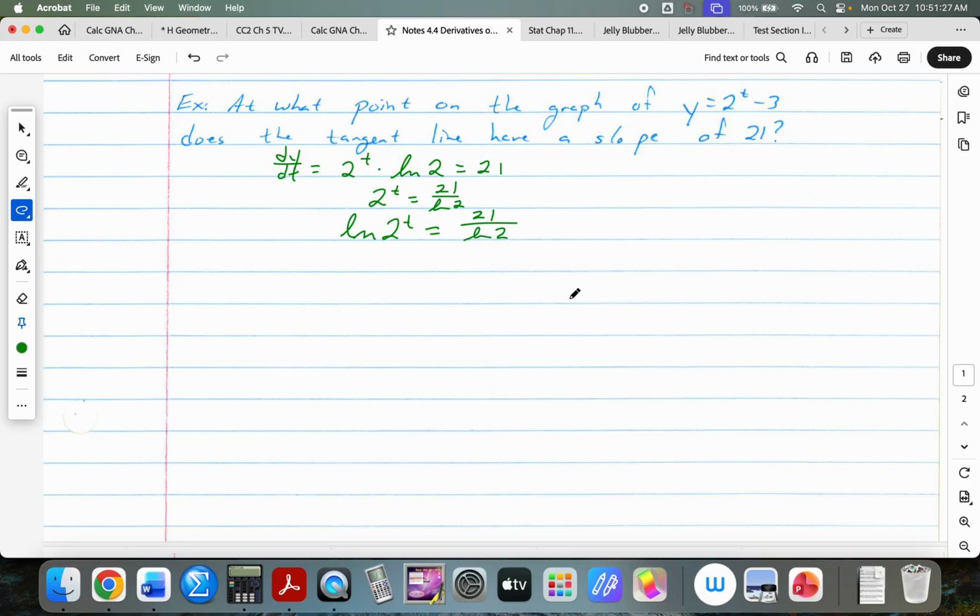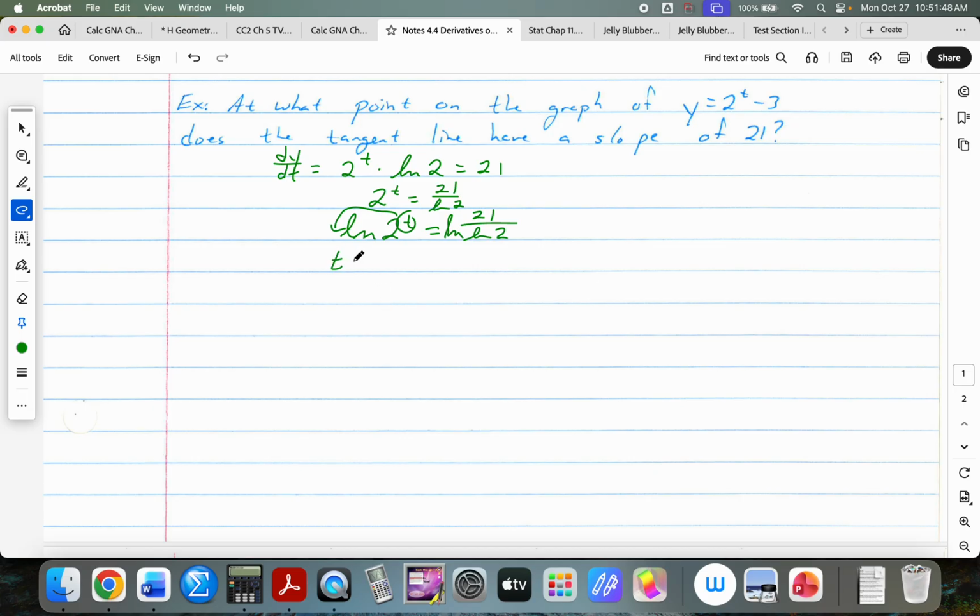And it feels like, for just a second, that we've made it worse. Sorry. Didn't take the natural log on the right side. But remember, one of the properties of a logarithm is that I can take this exponent on the argument and move it to the coefficient.